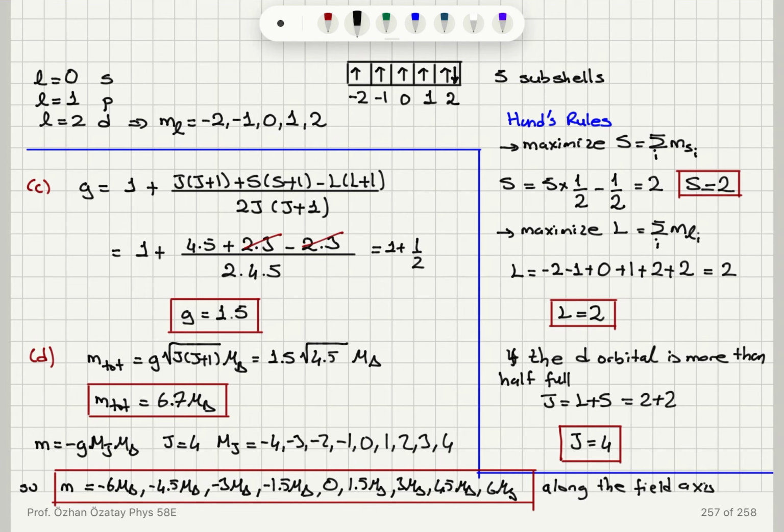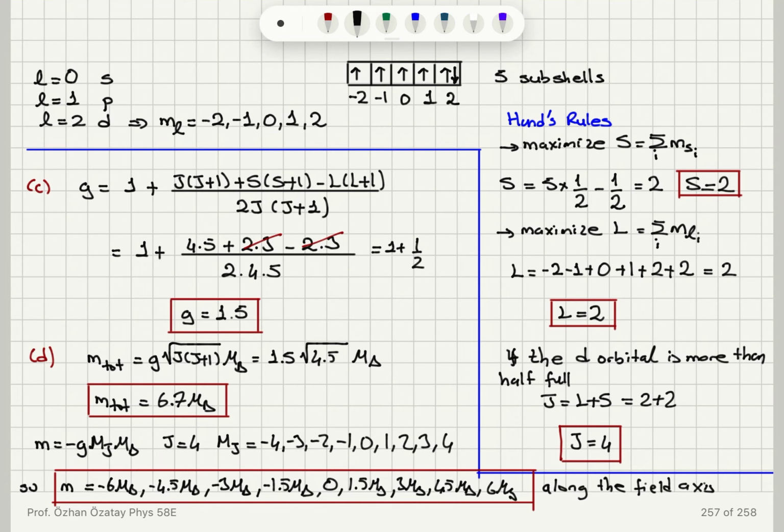The spin is maximized, so S becomes 2. The orbital angular momentum is maximized, L equals 2. And J is equal to L plus S if it's more than half full. If it was less than half full, it would be the absolute value of L minus S. So J is equal to 4.